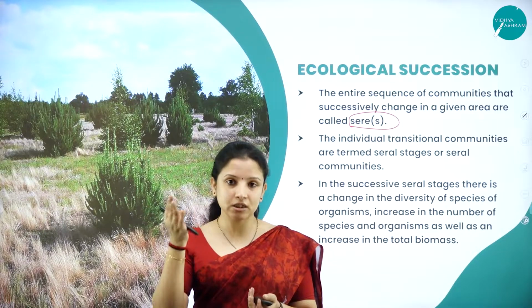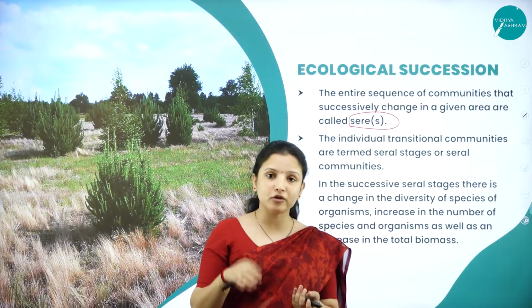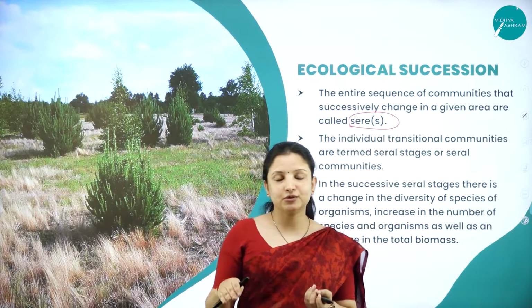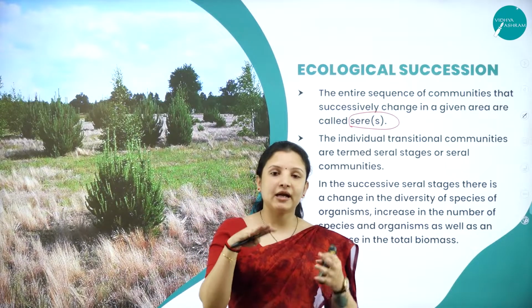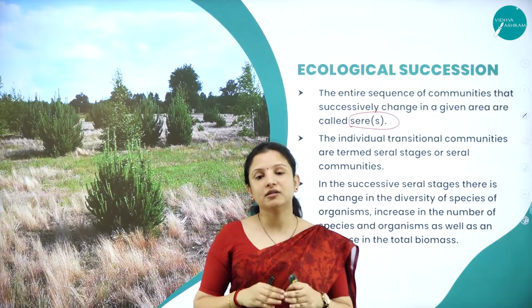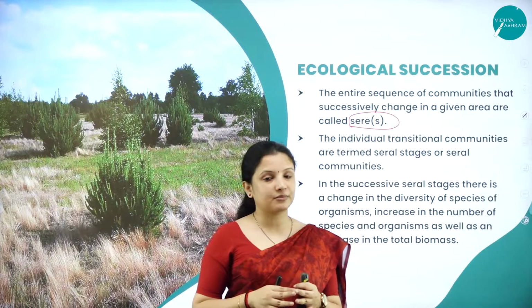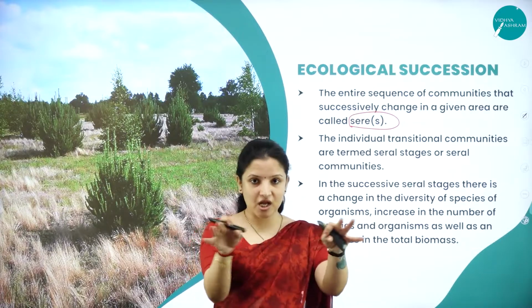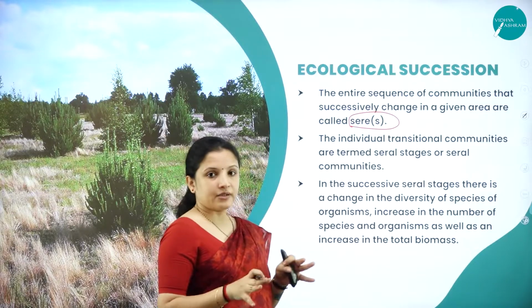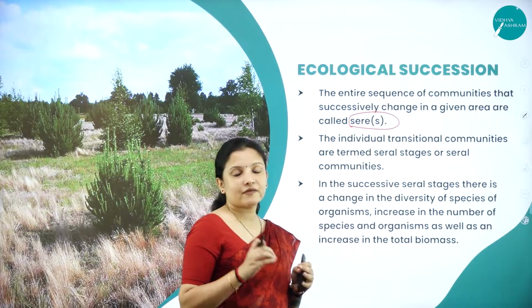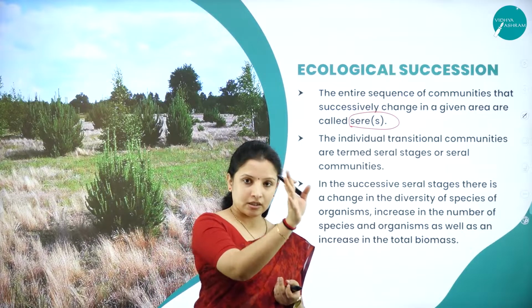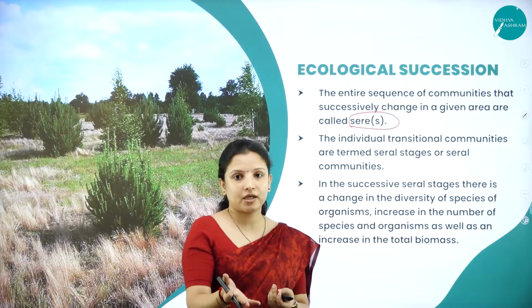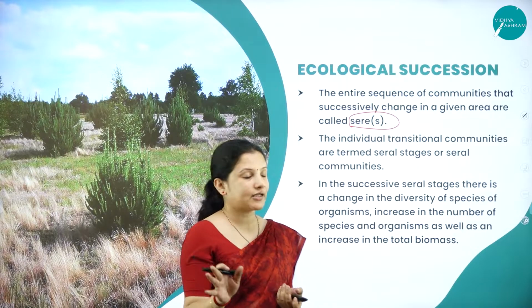On that, first the mosses or grasses will grow, then the shrubs will come, the herbs will come, the trees will come, and finally it will spread and cover the entire pond ecosystem, right? That particular change in a particular area is called a sere. So when we say sere, earlier it was some kind of a region, and now it got converted because of ecological succession.